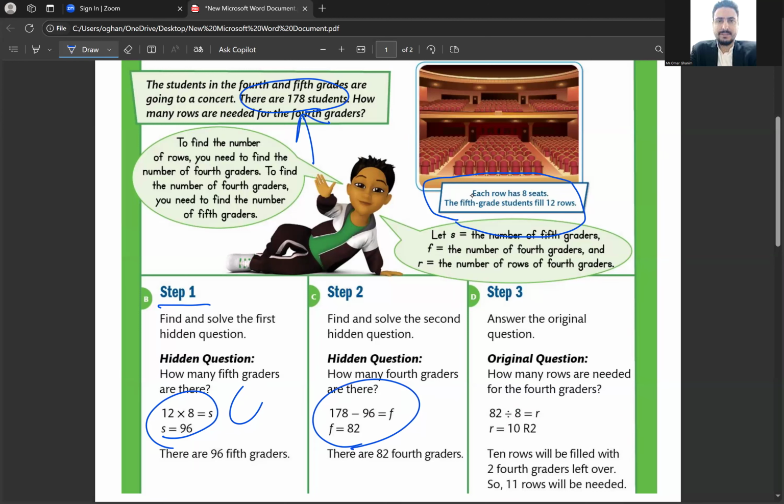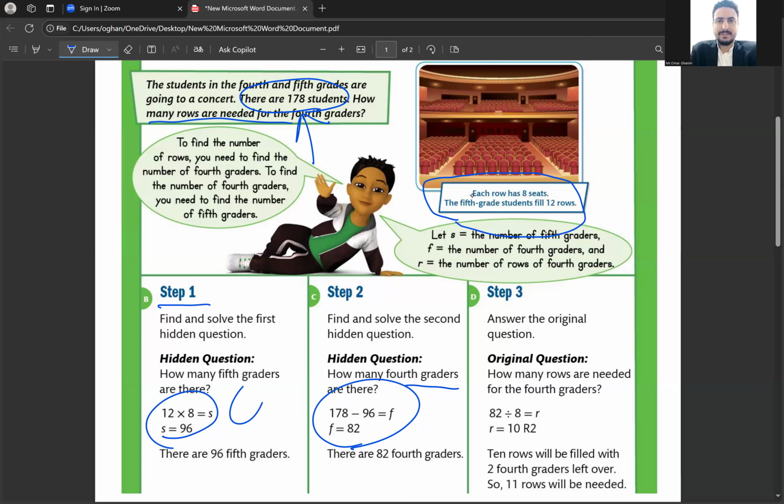Now what do we have? We have the number of students in grade 4, right? So now step 3, which is needed in that question, is how many rows are needed for grade 4?